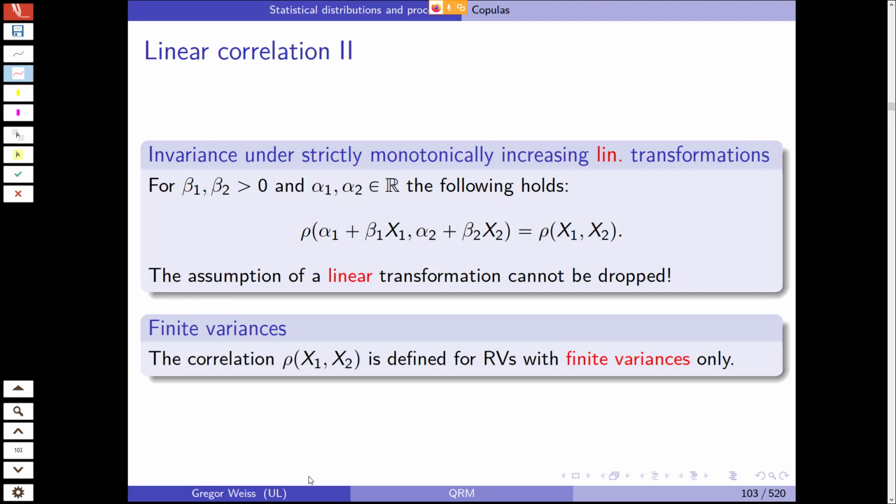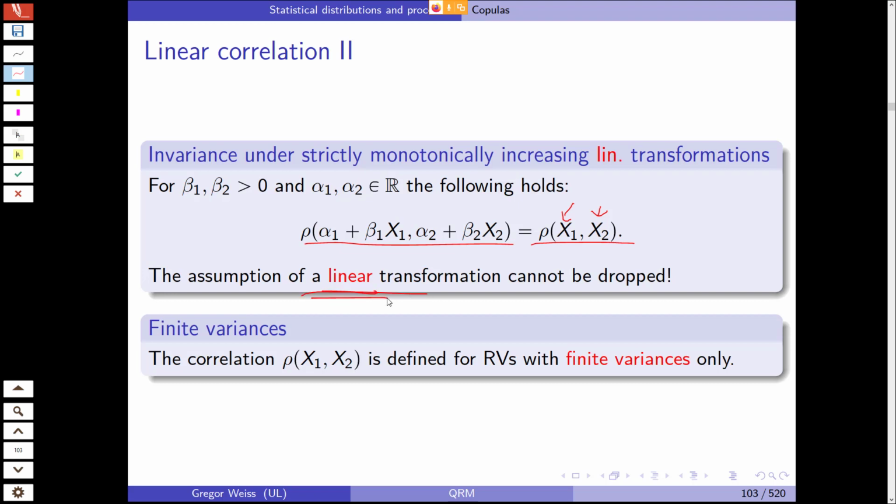That is, if you have x1 and x2 and you transform them linearly by taking alpha 1 plus beta 1 times x1 and alpha 2 plus beta 2 times x2, the correlation of this linear transformation is the same as the original one. Meaning that you can take two random variables, and if you look at linear functions in x1 and x2, the correlation stays the same, but you cannot drop this assumption of a linear transformation.